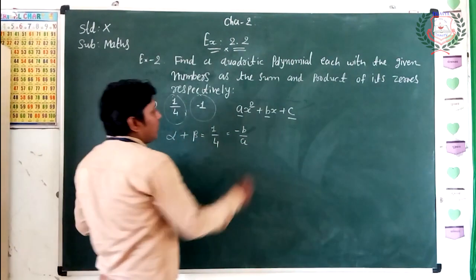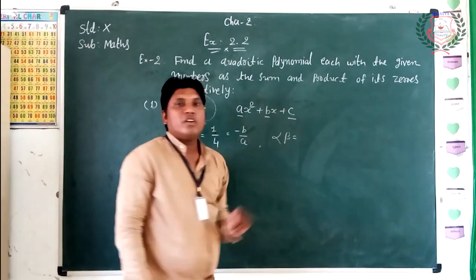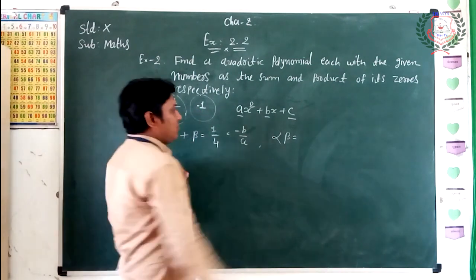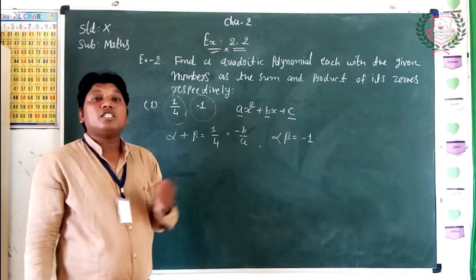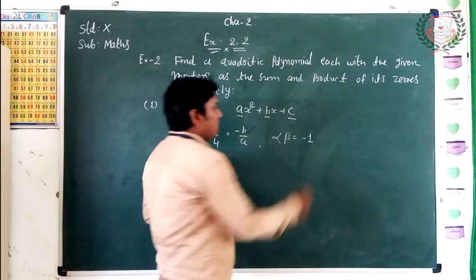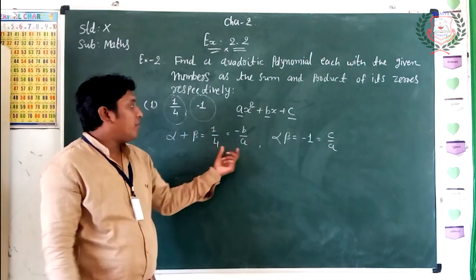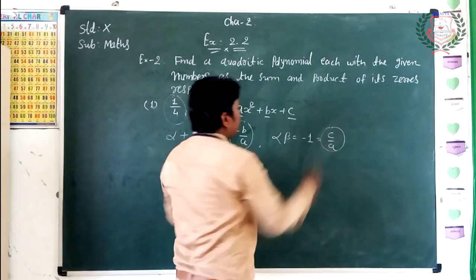Second, alpha into beta is also given, that means the product of zeros, which is minus 1. The formula is c upon a. From that we have to find the value of a, b and c.